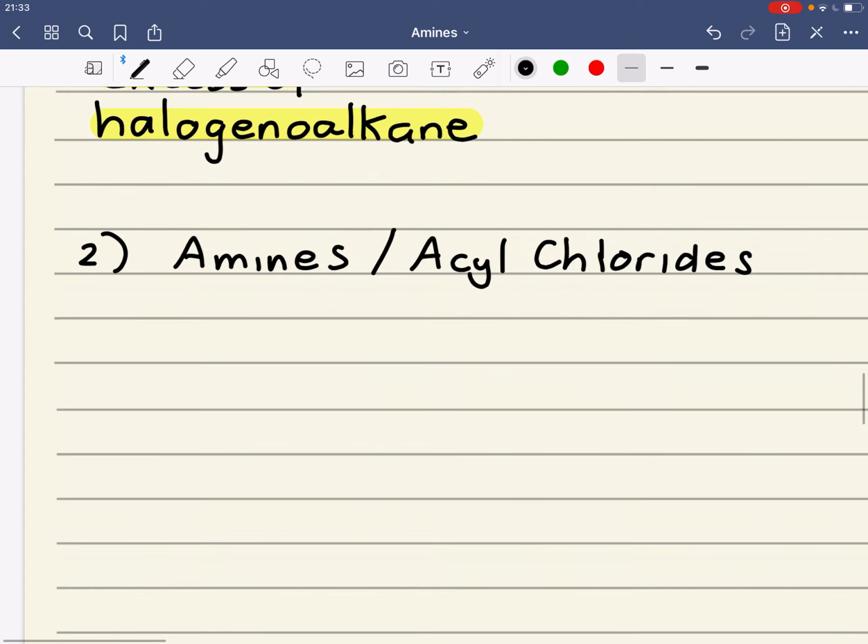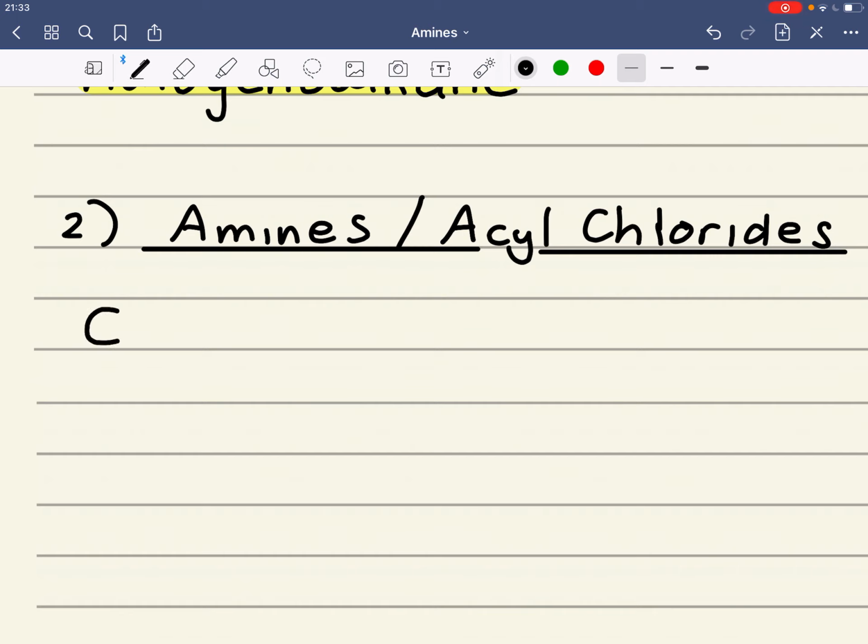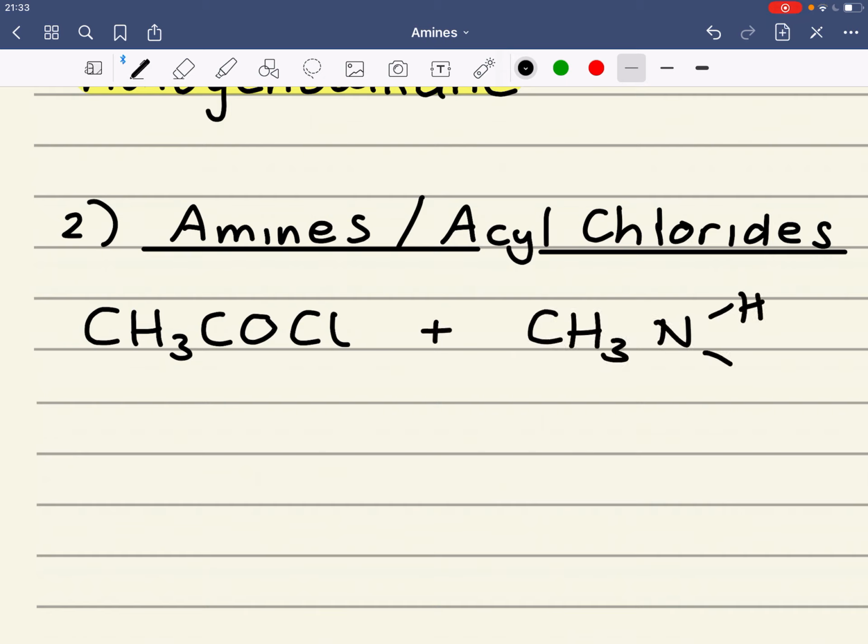Now, this topic is covered in more depth in carbonyls, specifically in the chapter on acyl chlorides, but we'll have a quick look at it here. I'm going to use ethanoyl chloride and methylamine.